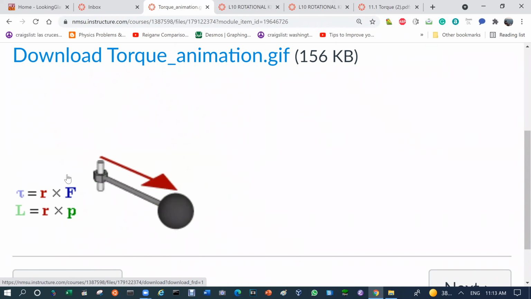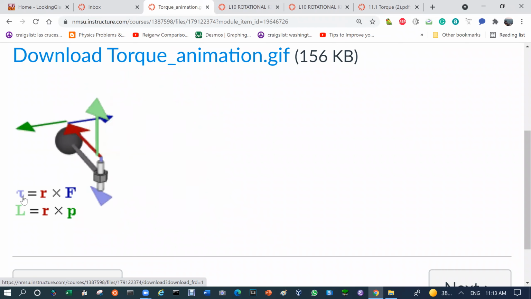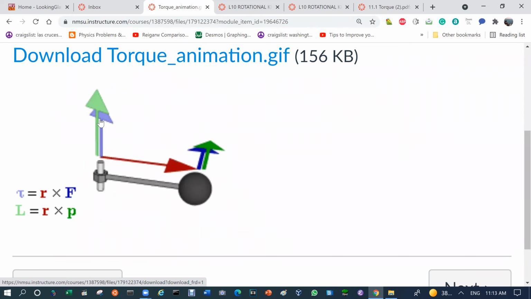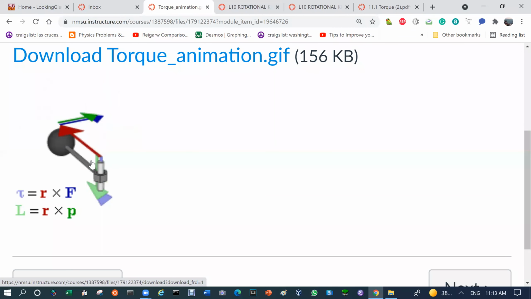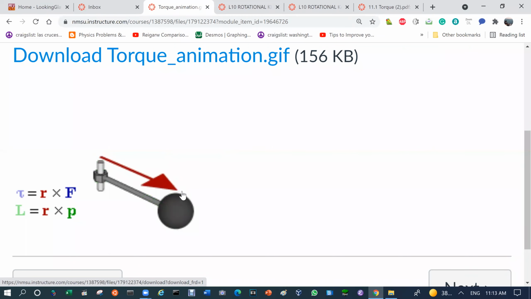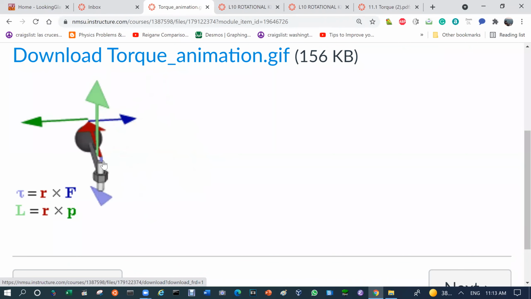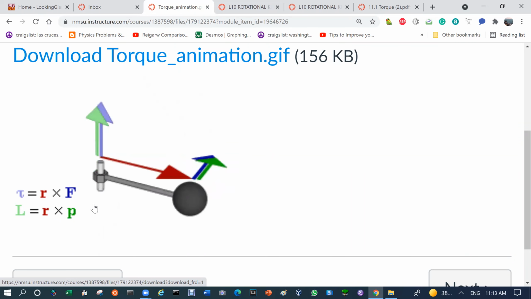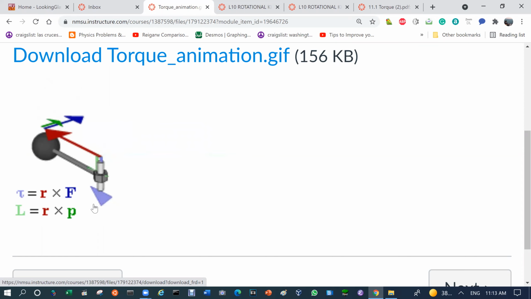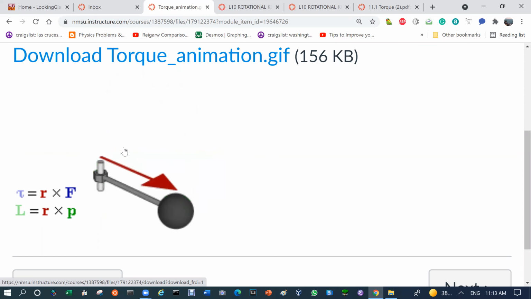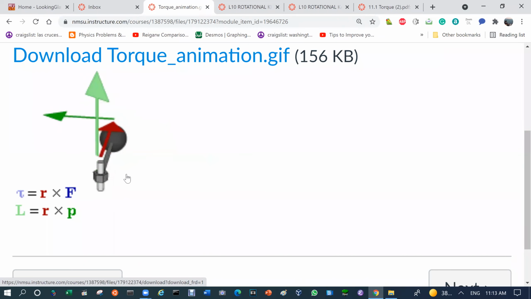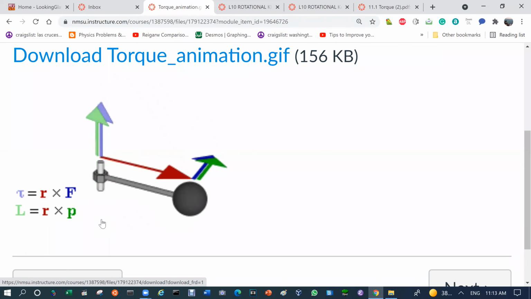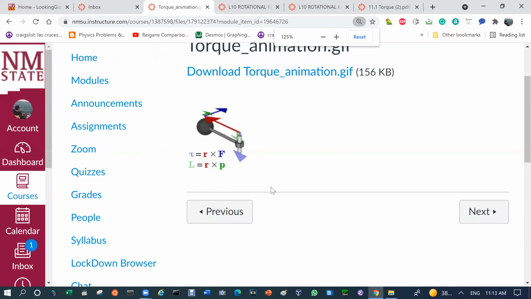Tau is the violet arrow. Look, when the rotation is counterclockwise, the torque is positive. When the rotation is clockwise, the torque is negative, as we saw from before. Now look, the force is clockwise, the torque is down, or negative. Okay.